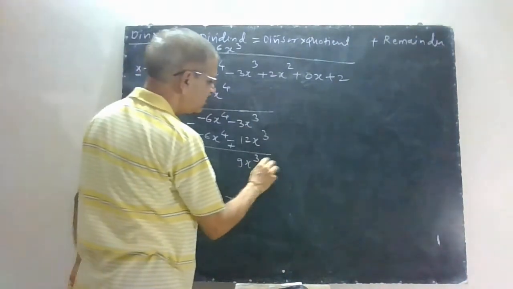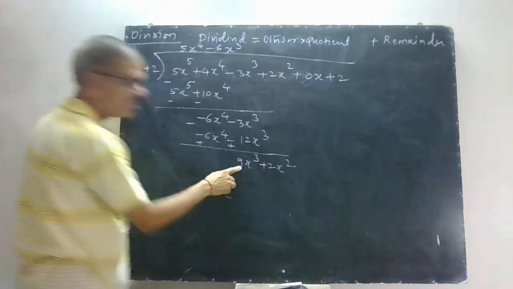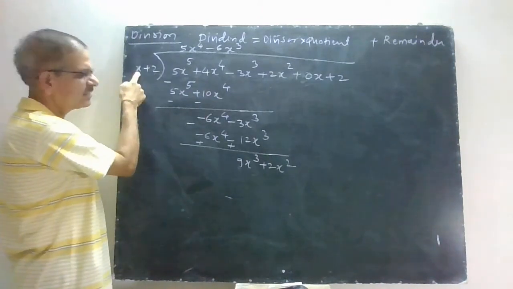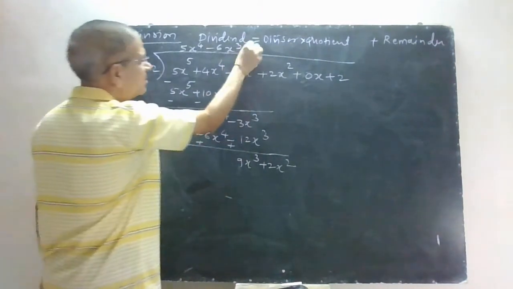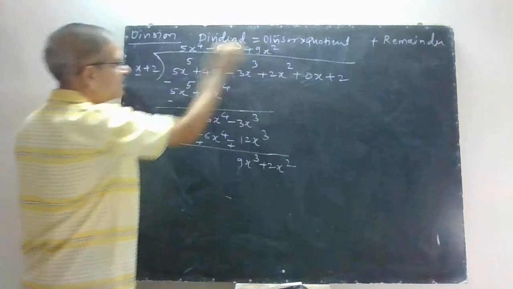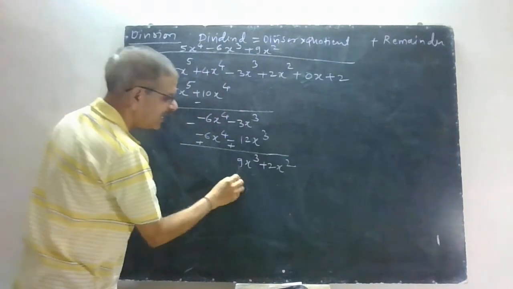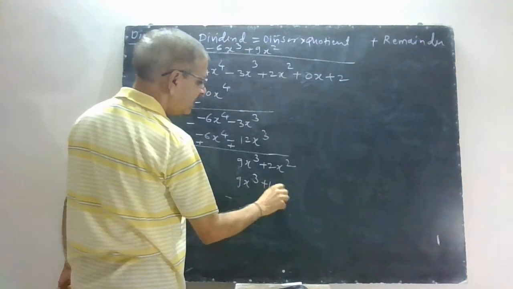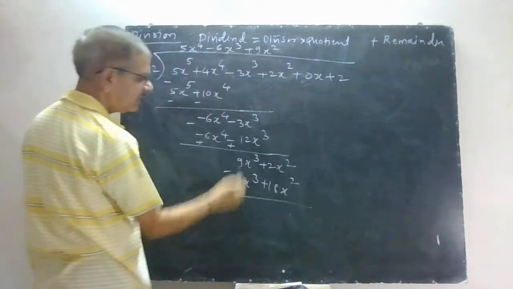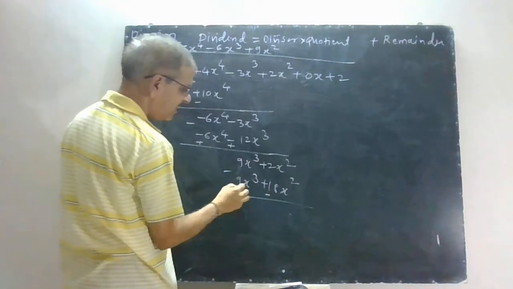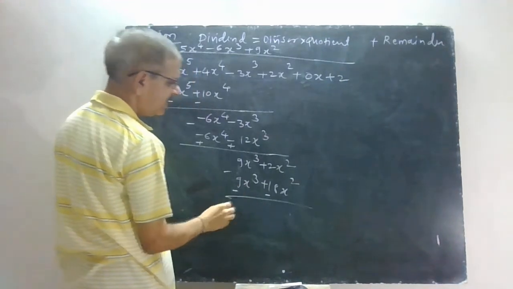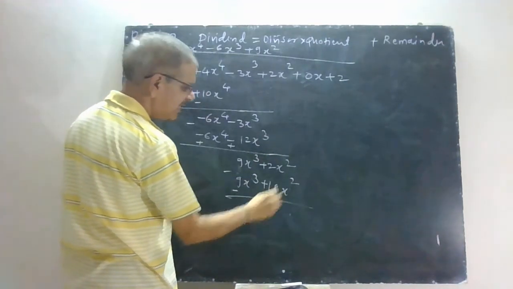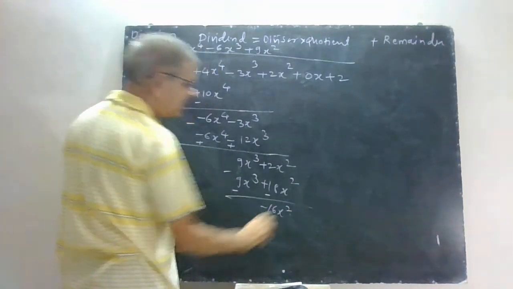Then the next term is 2x square. Now just concentrate on 9x square, and here it is x. So the division will be 9x square, so that 9x square into x gives you 9x cube, and 9x square into 2 gives you 18x square. Now again subtract, this will get cancelled, this becomes negative, so it is 2 minus 18, that gives you minus 16x square.